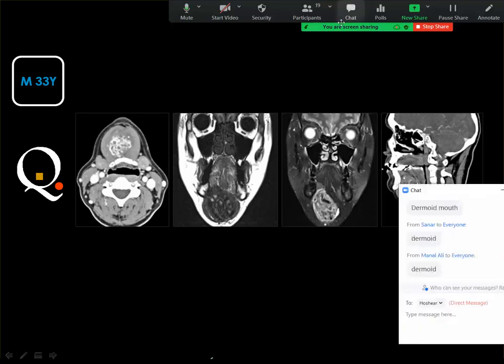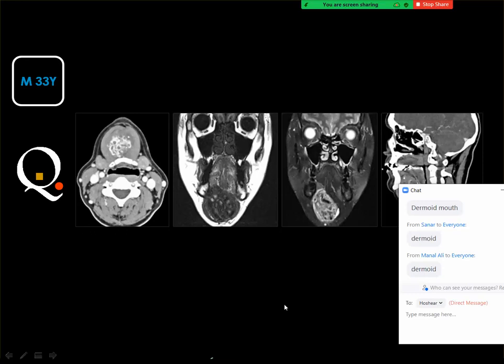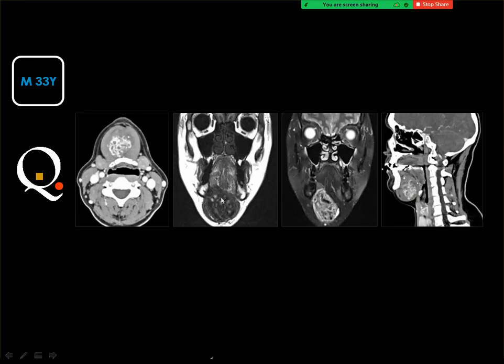Dermoid cyst, and dermoid contains fat, and dermoid is a midline structure, and this is enhancement inside the lesion. If you look carefully for the lesion before contrast and the lesion after contrast, this is enhancement.